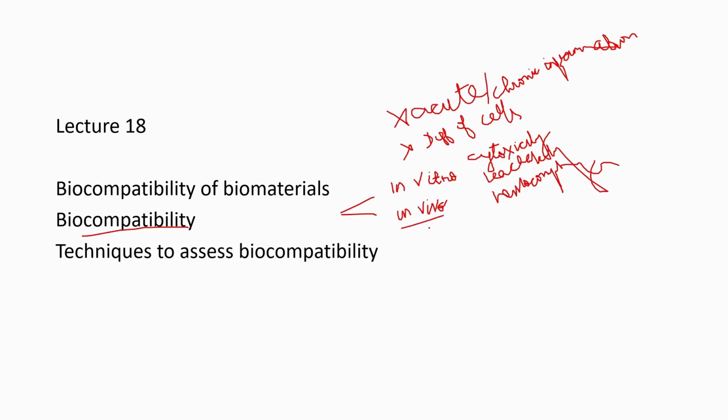And in vivo, we can do so by analyzing the tissue at the site of the implant by performing histology or histochemistry, immunohistochemistry, expression of specific antibodies in that tissue, morphological analysis using transmission electron microscope or scanning electron microscope, and some other techniques such as biochemistry or mechanical testing of the materials.